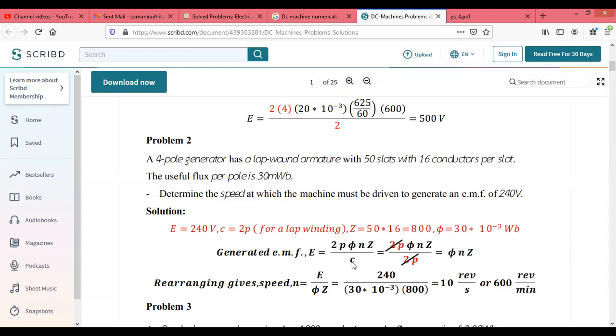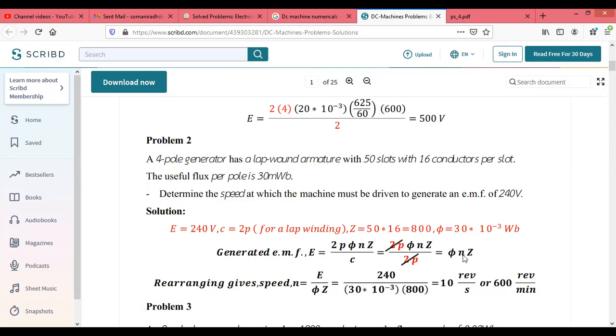You can take C equal to 2p because they have given a 4-pole generator. So if you write C equal to 2p, the 2p gets cancelled. There is no need to write it. You can directly take the E equation in the form of phi and Z.